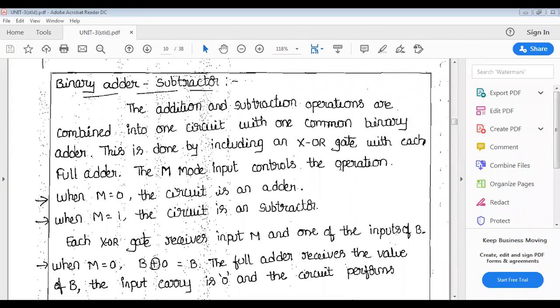See, students, the binary adder and subtractor. In this there are 2 mode operations. When M is equal to 0, the circuit is an adder. When M is equal to 1, the circuit is a subtractor.